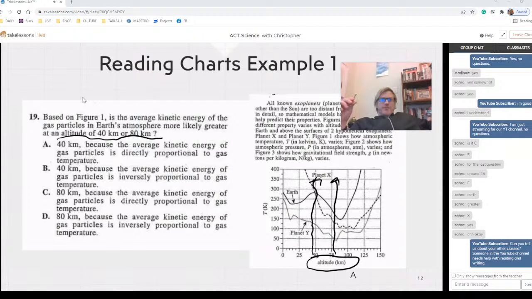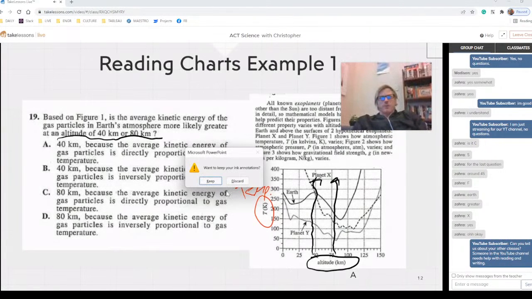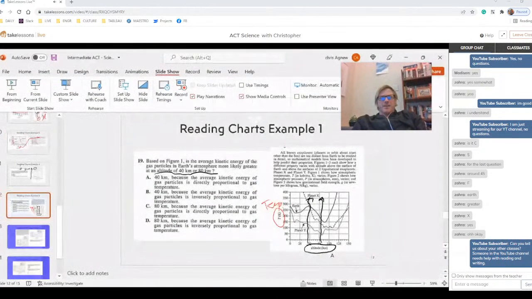What is the average kinetic energy? Well, what's the y-axis here? Temperature. Now, they're trying to see if you have a little bit of science knowledge, unfortunately, or fortunately, depending on how you see it. Temperature is related to kinetic energy.